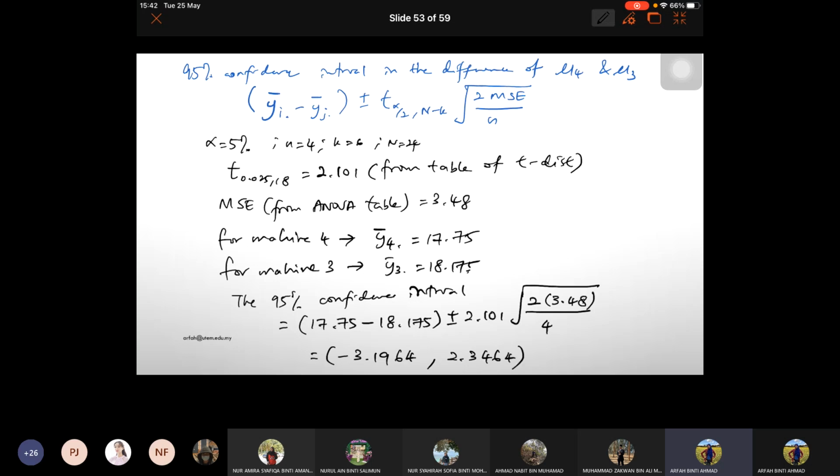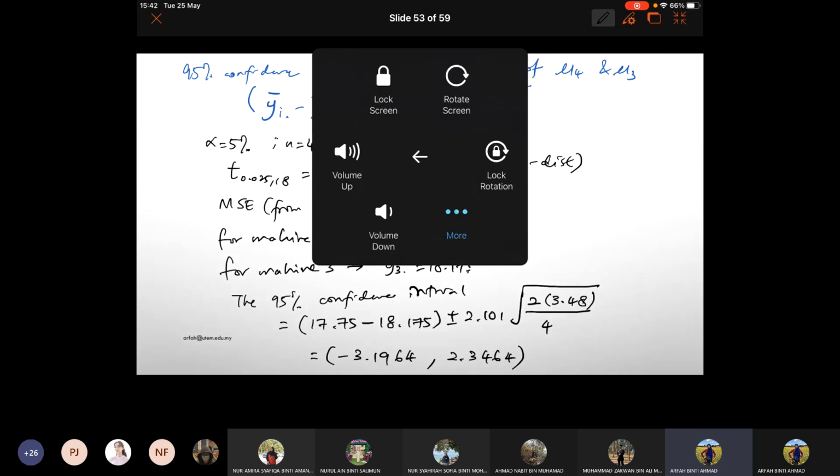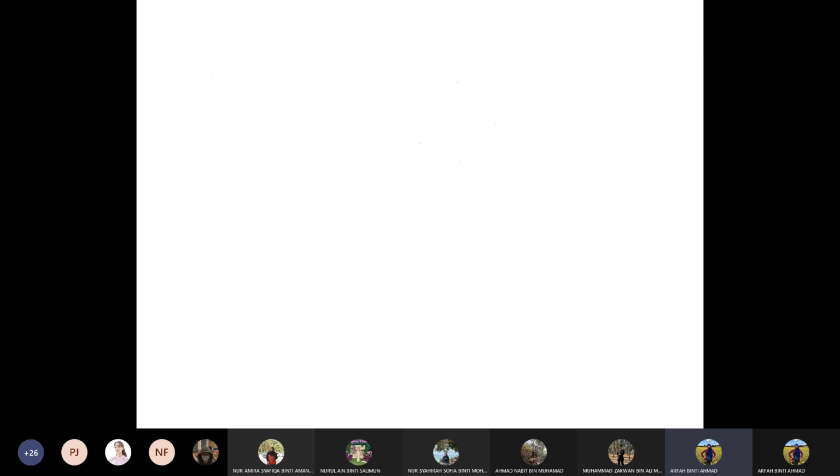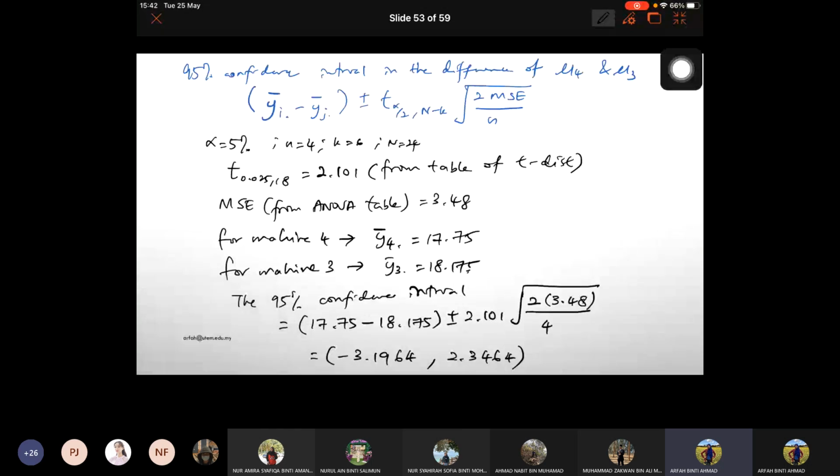So dapat ini adalah dia punya difference on the mean. So pengiraan dia tadi saya kira guna Excel sebab nak senang. Thank you. Okay, done.